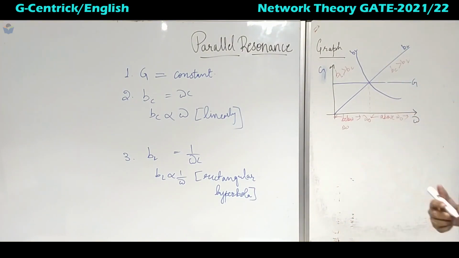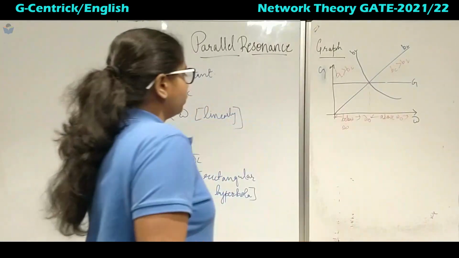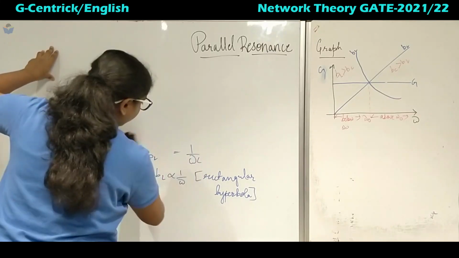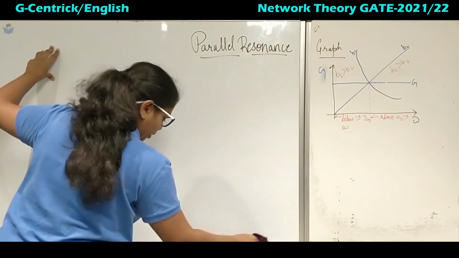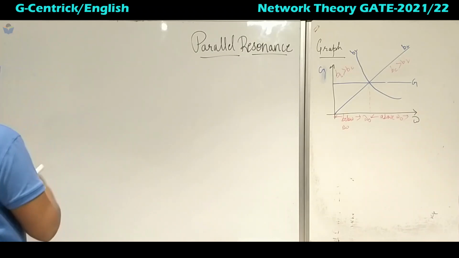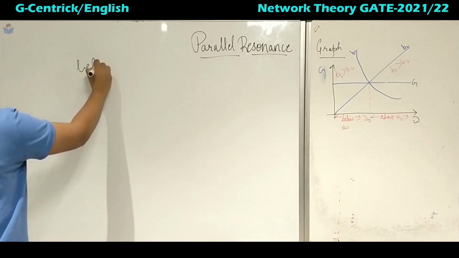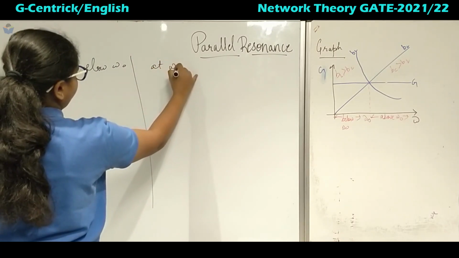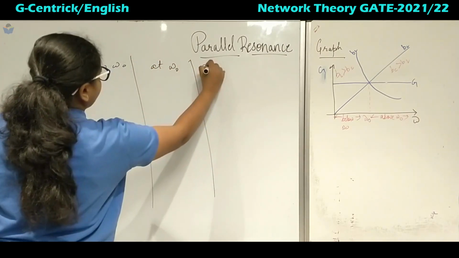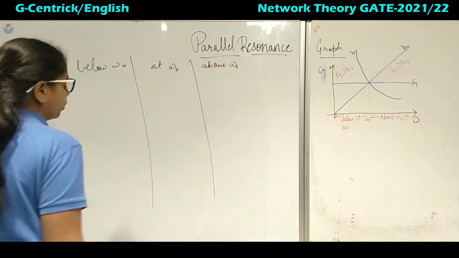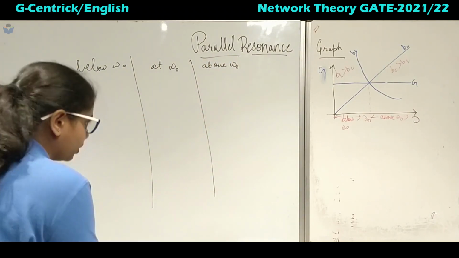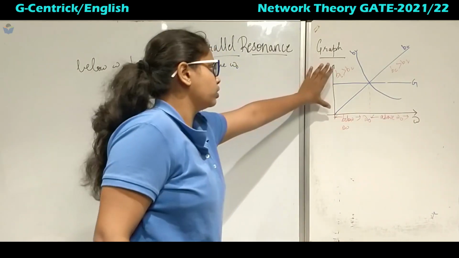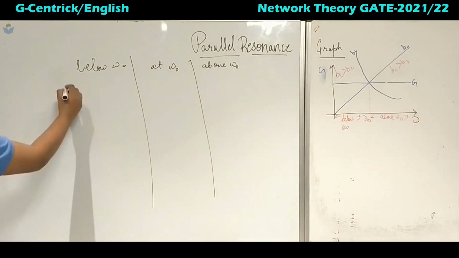Now we will make a tabular column. We will see how the circuit behaves when it is below omega naught, at omega naught and above omega naught. So first we will take below omega naught, next at omega naught and above omega naught. In this case, below omega naught, what is greater?